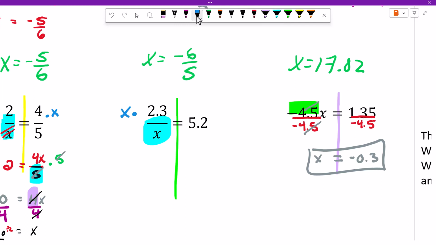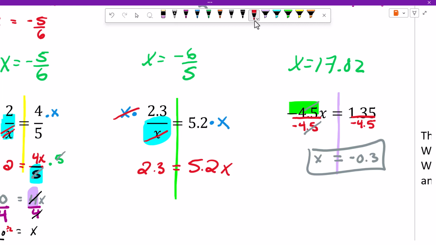And we write that on the top. And if you do that to one side, we have to do that to the other side. So what does this do? It ends up canceling our x's out. X canceled, and we're left with a 2.3. And on the other side, the 5.2 and the x just get mushed together because there's no calculation there that can be done. Okay, now the x is on the top.